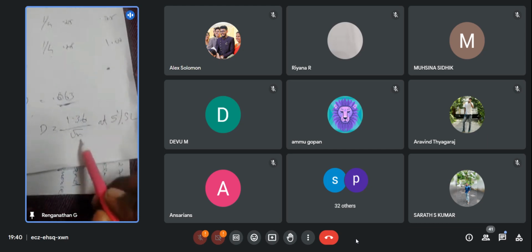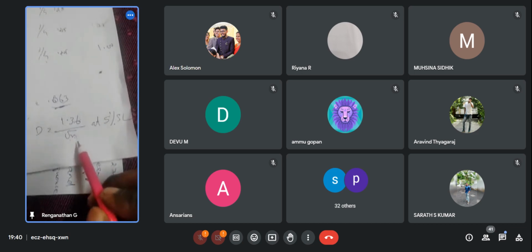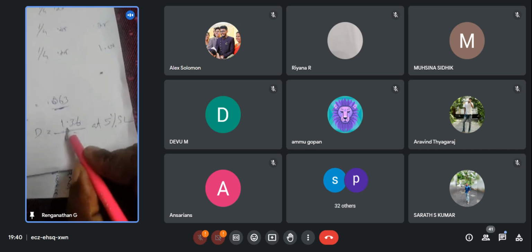So 1.36 divided by root 160. Then find the value of that.